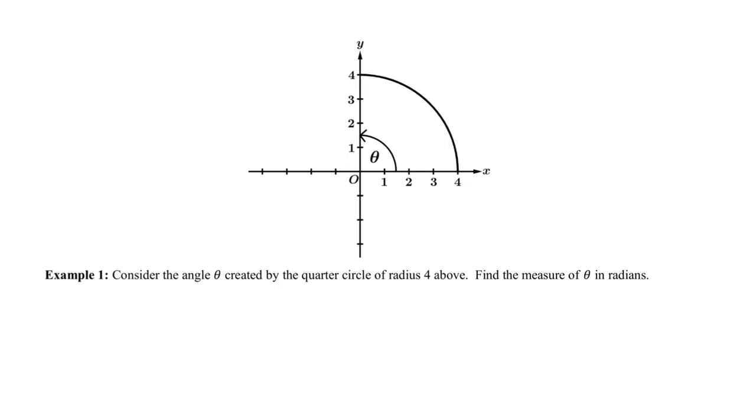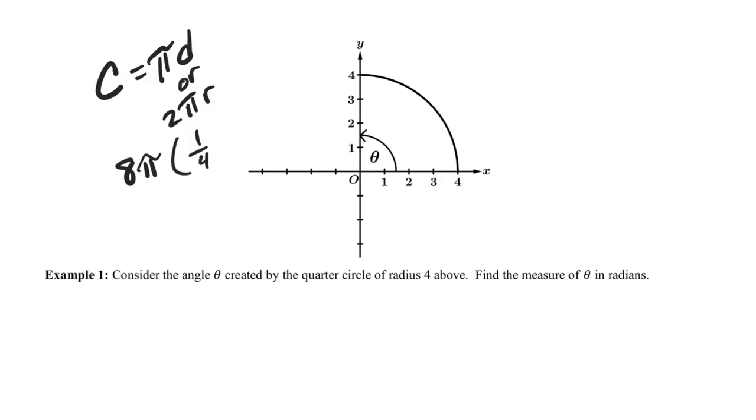Okay, so consider angle theta created by the quarter circle of radius 4 above. Find the measure in radians. So we're going to do this the long way. I'm hoping here in the near future you have some of these memorized, but let's do the circumference of this thing. So the circumference is pi d, or 2 pi r, right? So we know that it is 8 pi, and I only want to go a quarter of it.